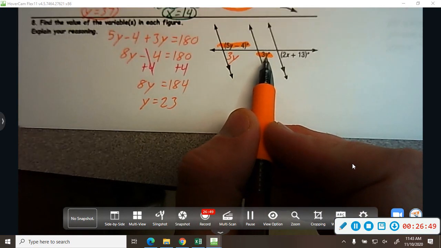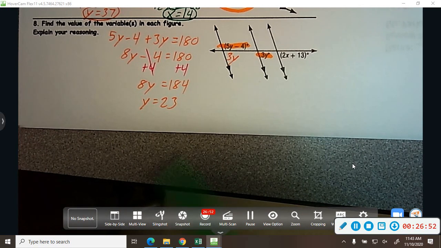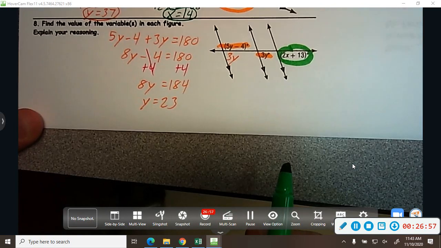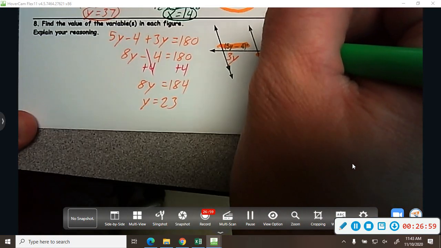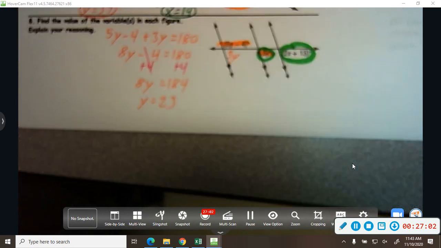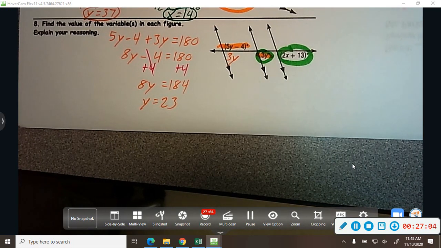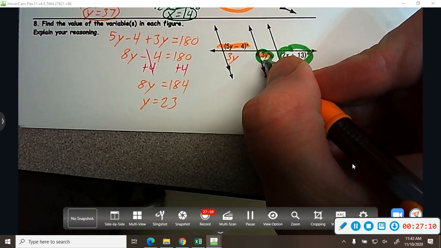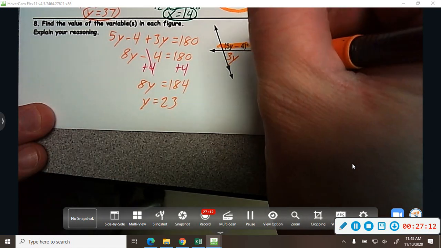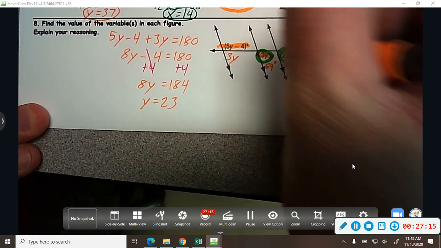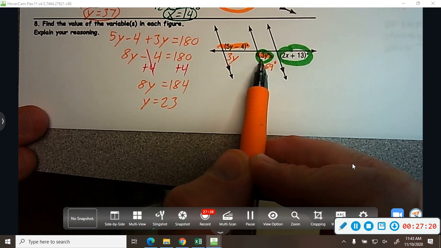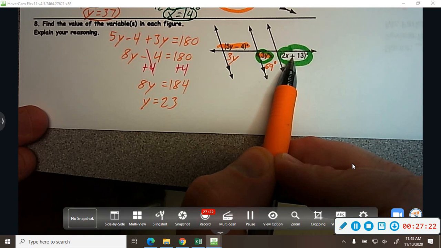So now I need to find a relationship between this one, that's my x, and any other one I want. Probably going to be this one. Those are the closest. Those are corresponding. And since I know the y value is 23, I'm going to plug 23 in here and get 3 times 23, which is 69. So I know this is 69 degrees. So if this is 69, and those are corresponding, then 2x plus 13 is 69.